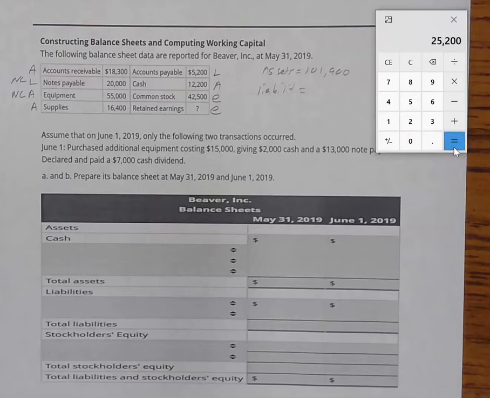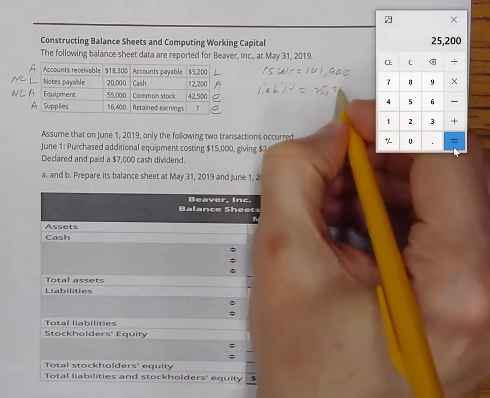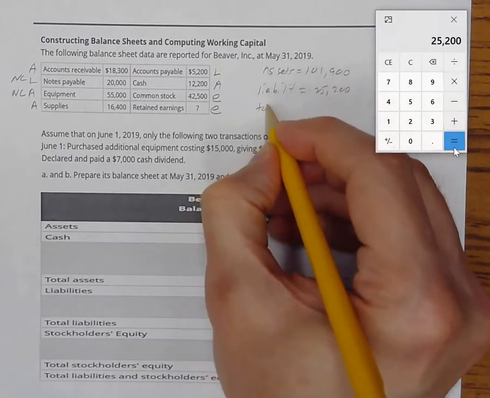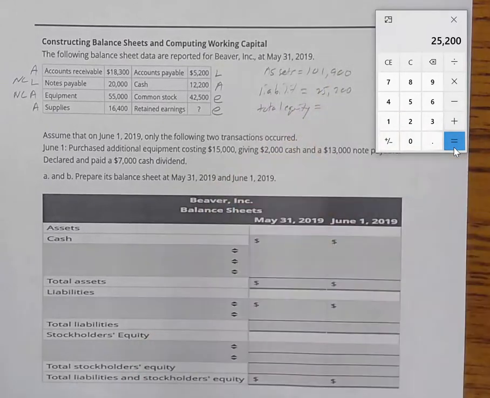And that's the only other liability that we have. So we have liabilities of $25,200.